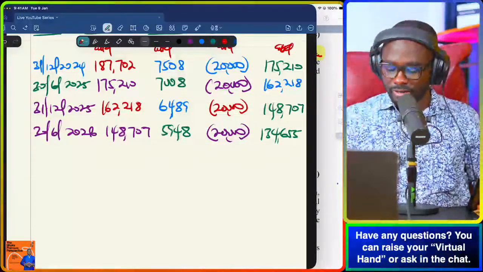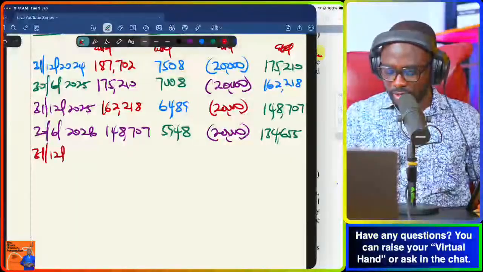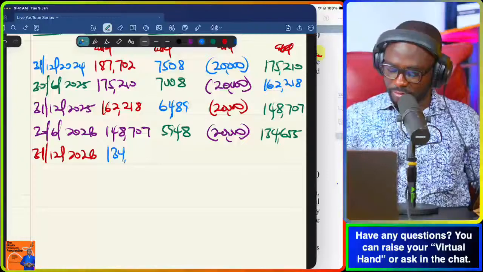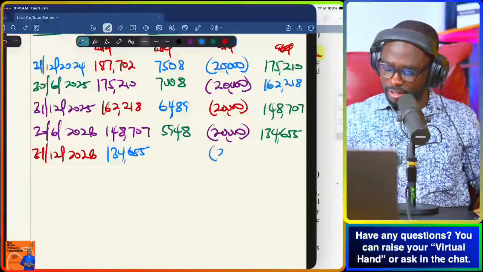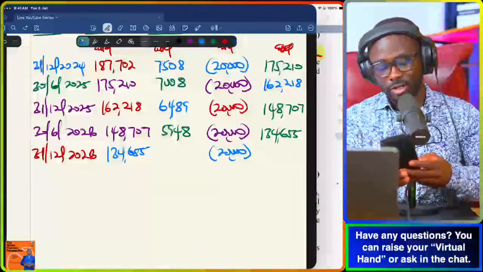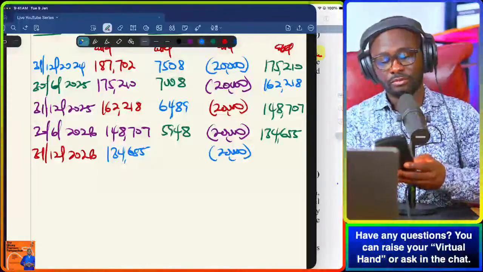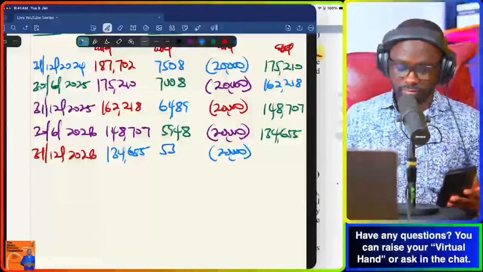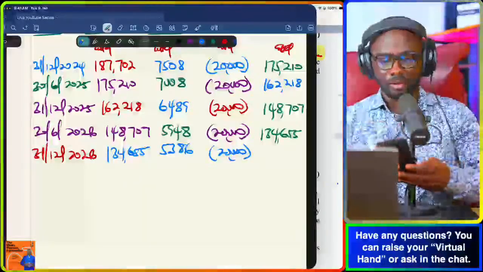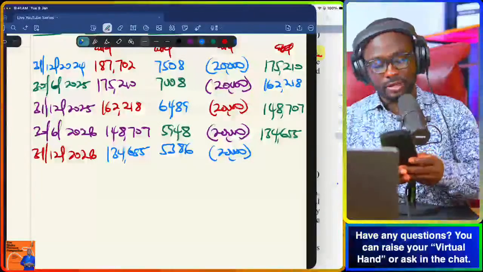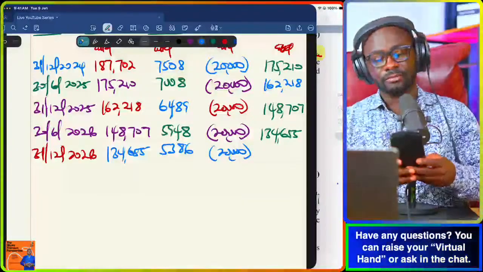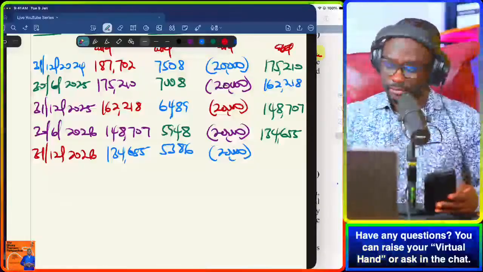Then the last one, 31st December 2026, and that is 134,655 times 0.04, 5,386. So we get the arithmetics coming up: 134,655 plus 5,386 minus 20,000, and that gives us 120,041.